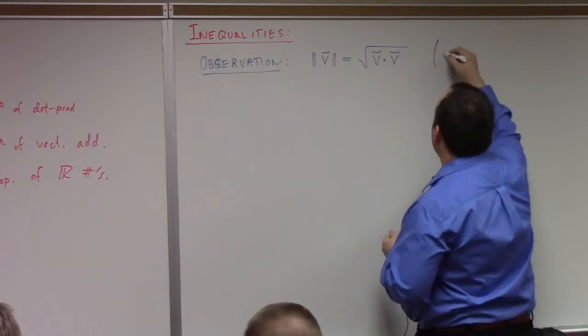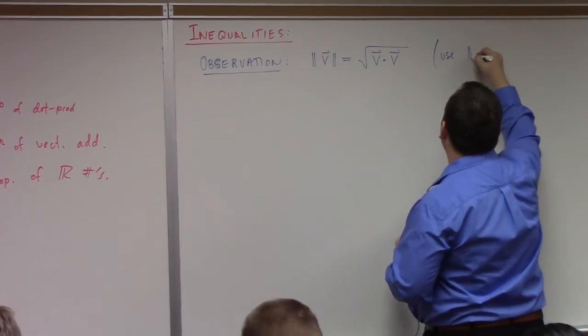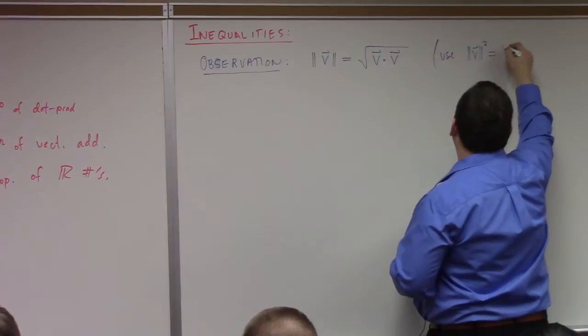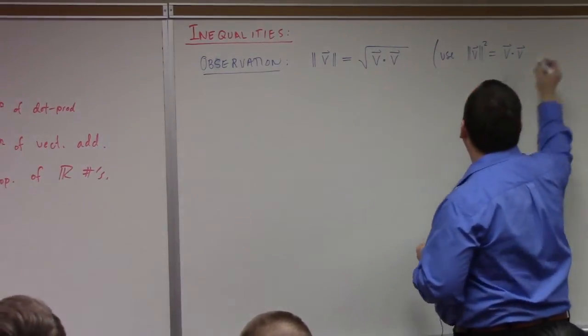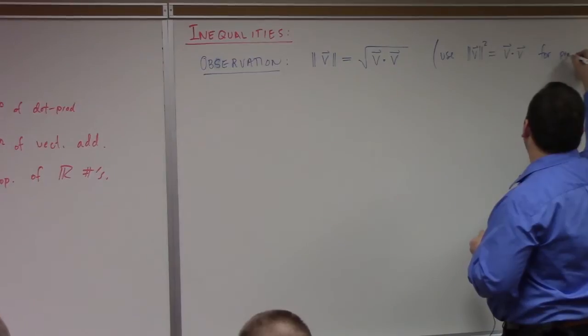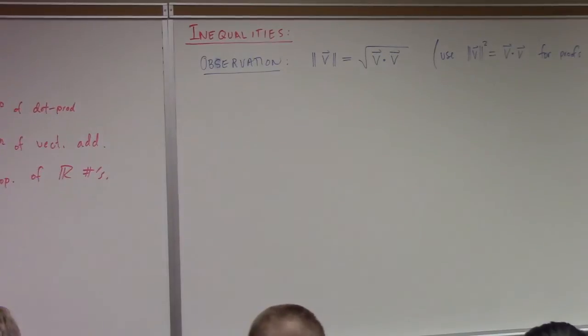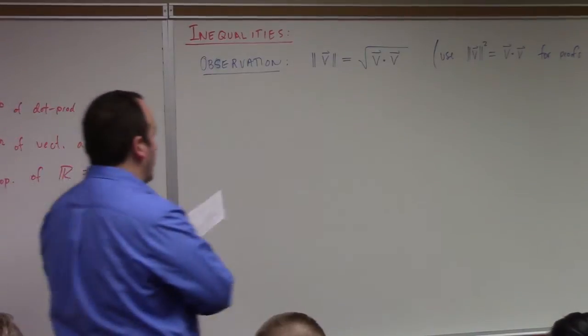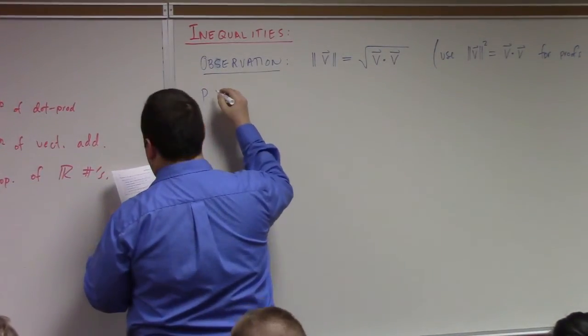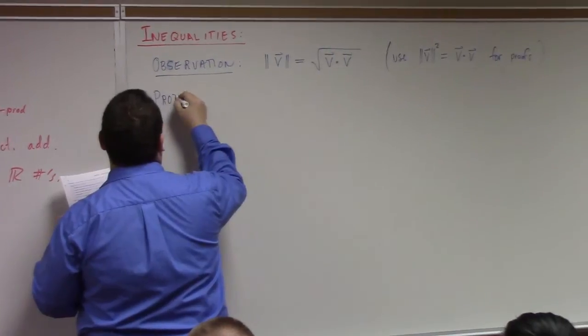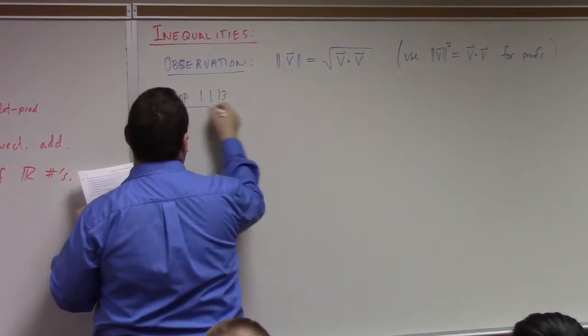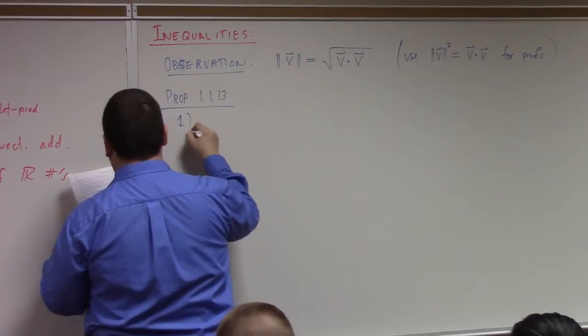But usually we use the length of v squared is equal to v dot v for proofs and derivations. Lots of homework problems are based on this trick, all right? This isn't exactly a homework problem, but it's something important. So let me tell you some of the properties here. So this is proposition 1.1.13 in my notes.